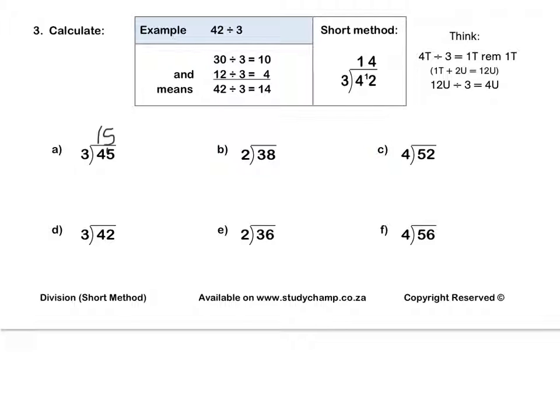Let's do C together. 4 fits into 5 once, remainder 1, and 4 fits into 12 3 times. Press pause to complete question 3 by yourself. When you are done, use the memo to mark your answers on this page.